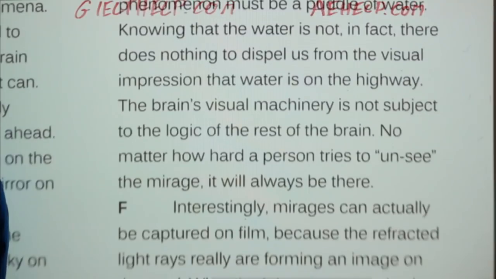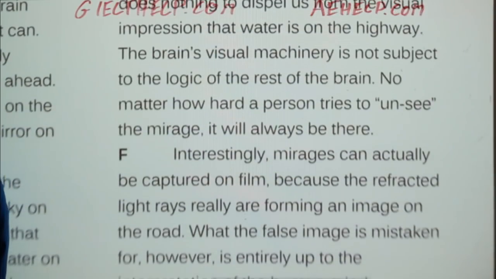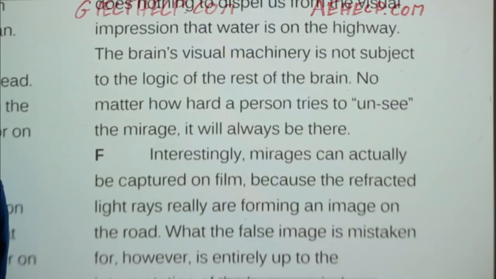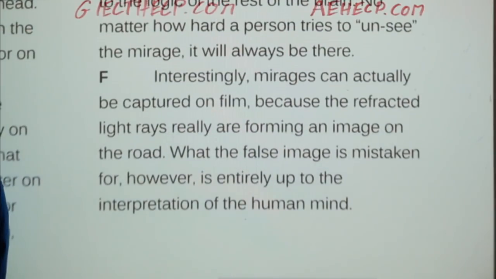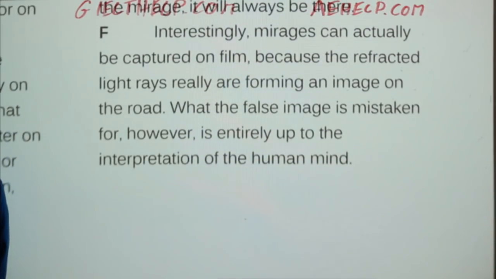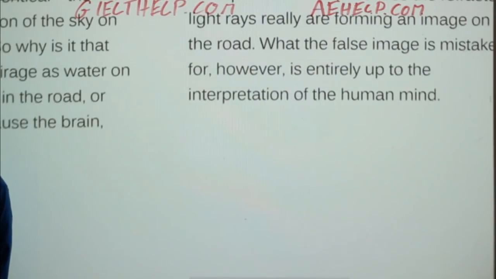The brain's visual machinery is not subject to the logic of the rest of the brain. No matter how hard a person tries to unsee a mirage, it will always be there. Interestingly, mirages can actually be captured on film because the refracted light rays really are forming an image on the road. What the false image is mistaken for, however, is entirely up to the interpretation of the human mind.